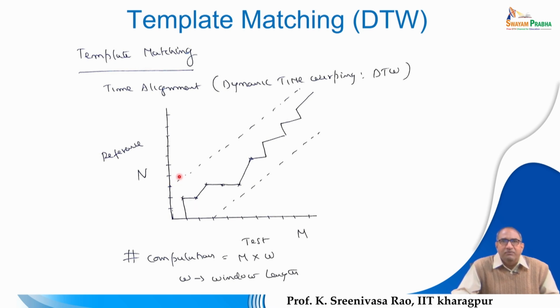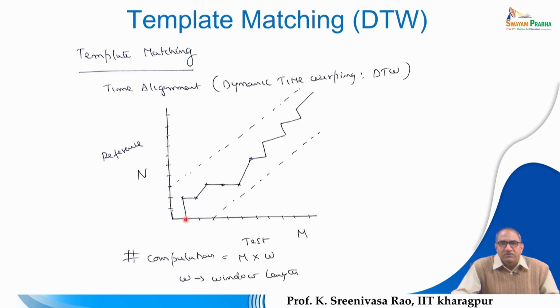We perform dynamic time warping. We take the test feature vectors, see that the first feature vector is matched to a window, where the window length is W, and it may contain 3 vectors.